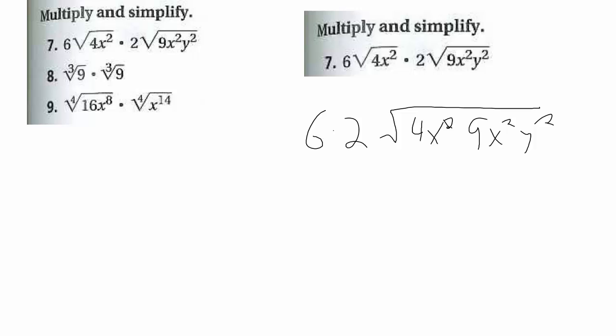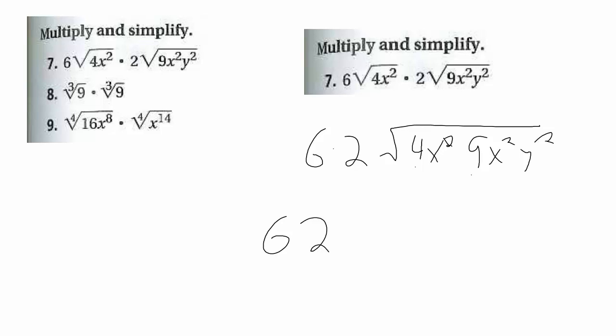And you can multiply 9 times 4 and get 36, but I just so happen to notice that 9 and 4 are both perfect squares. So joining the 6 and the 2 outside that are multiplied together, you're also going to have the 2, which comes from square rooting the 4, and you're going to have a 3, which comes from square rooting the 9.